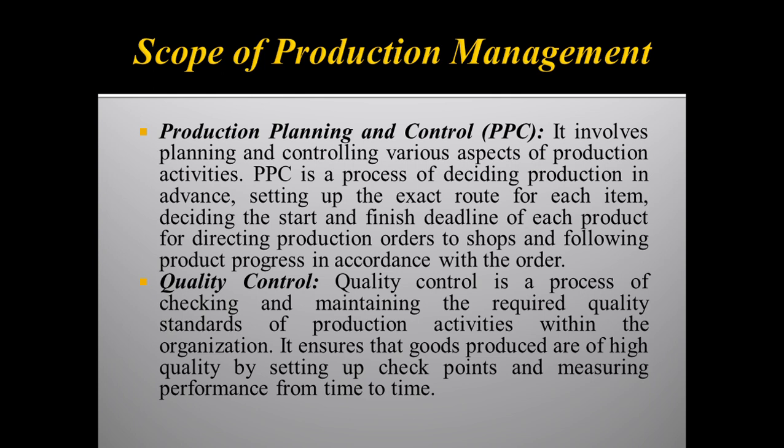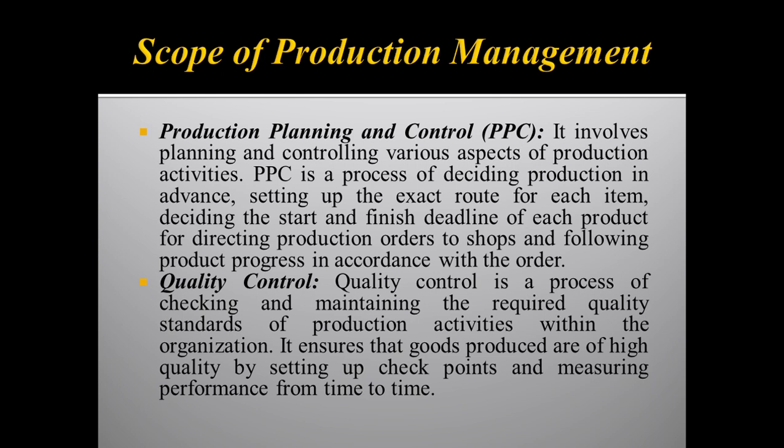Next point is quality control. It is also in the scope of production management, because the managers of this department have to make sure that the quality is controlled. That means the minimum quality which the consumers are asking for should not be degraded.